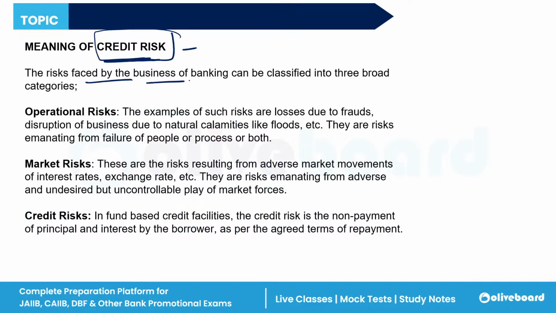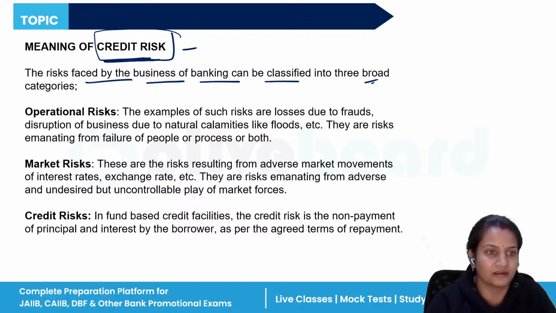The risk faced by business or banking can be classified into three broad categories. So risk can be classified into three different categories. The first category is operational risk. The second category is market risk. And the third category is credit risk.